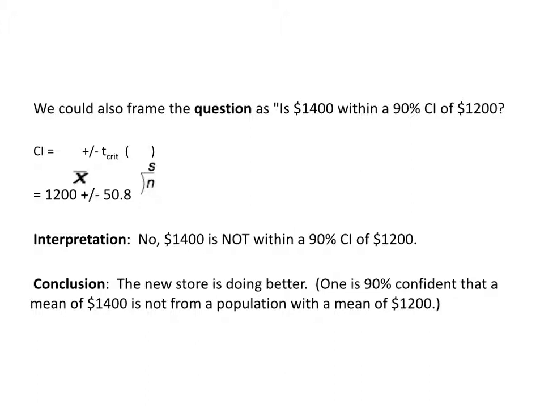So we're constructing now a confidence interval about the population, and we're assuming that 1,200 is the parameter for the population. So 1,200 plus or minus 50.8. And we interpret this as no, $1,400 is not within a 90% confidence interval of 1,200. So the new store is doing better. We're 90% confident that a mean of $1,400 is not from a population with a mean of $1,200.